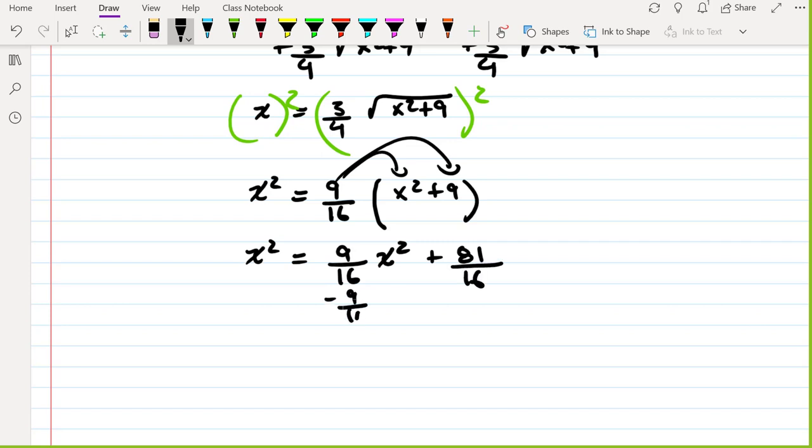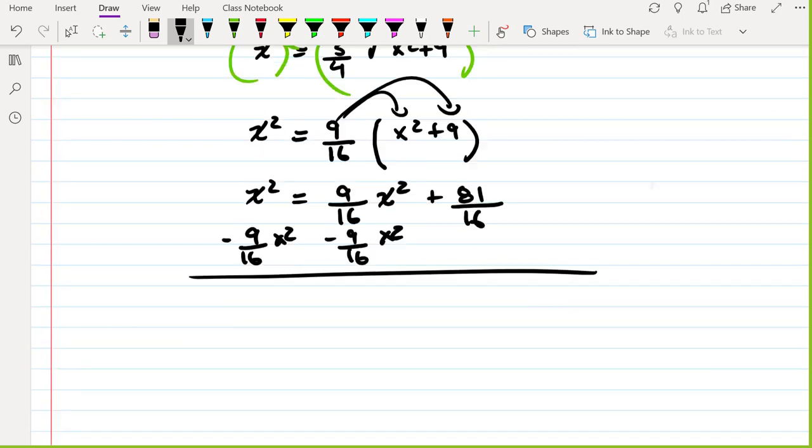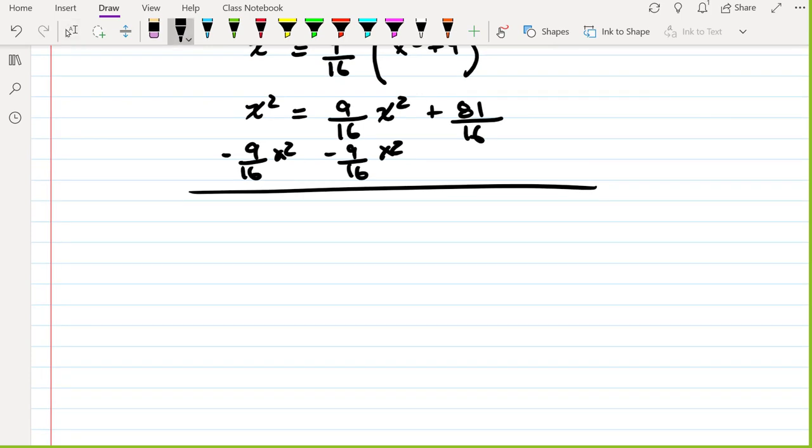We minus 9/16 x squared, giving us, make that 16/16. 16 take away 9 is 7x squared over 16 is equal to 81/16.